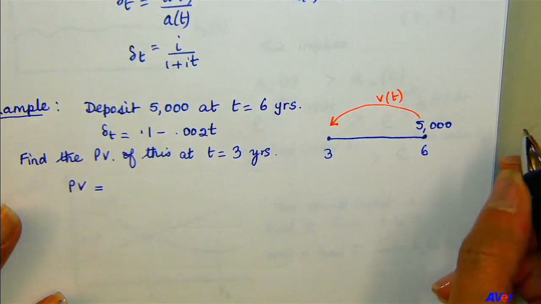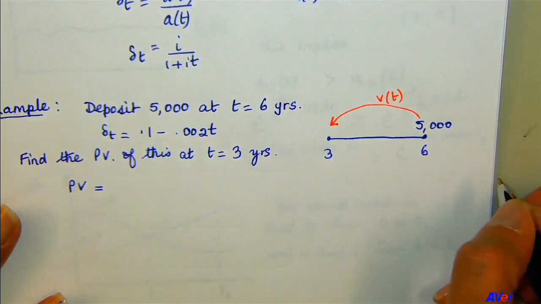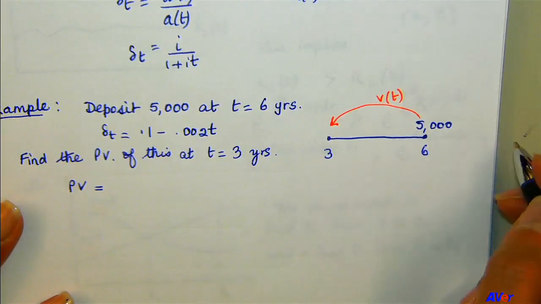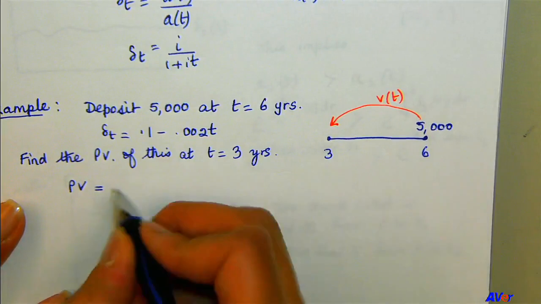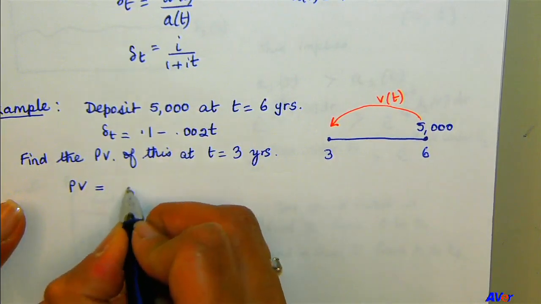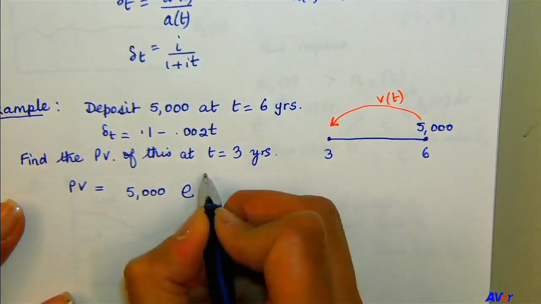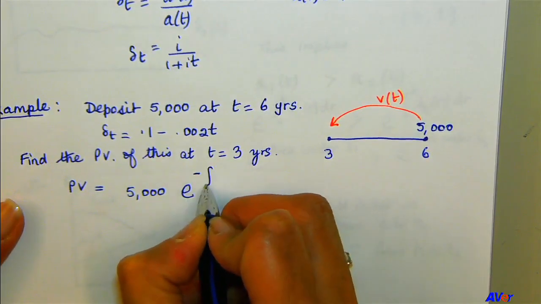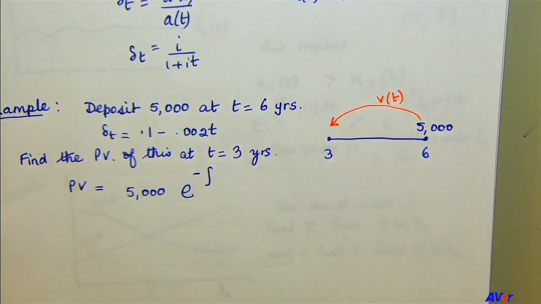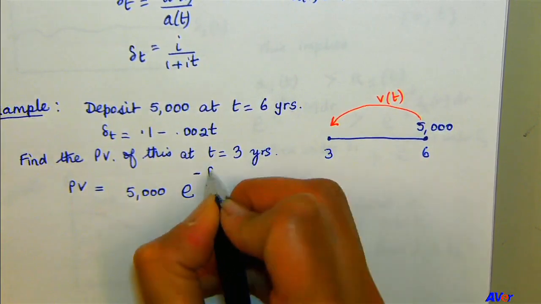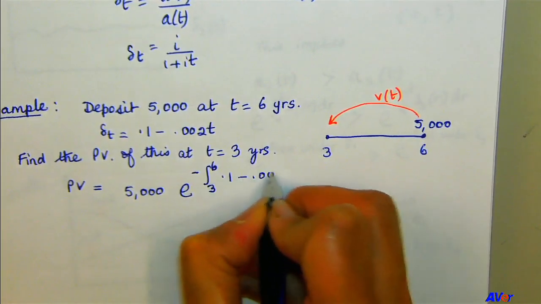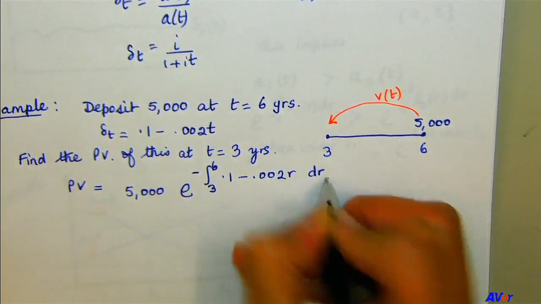It's not compound interest. So what's the formula? How should I go backwards? E to the minus integral, because I want to bring it back, so it's V of t, so it has to be minus integral from 3 to 6 of delta of r dr, 0.1 minus 0.002 r dr.